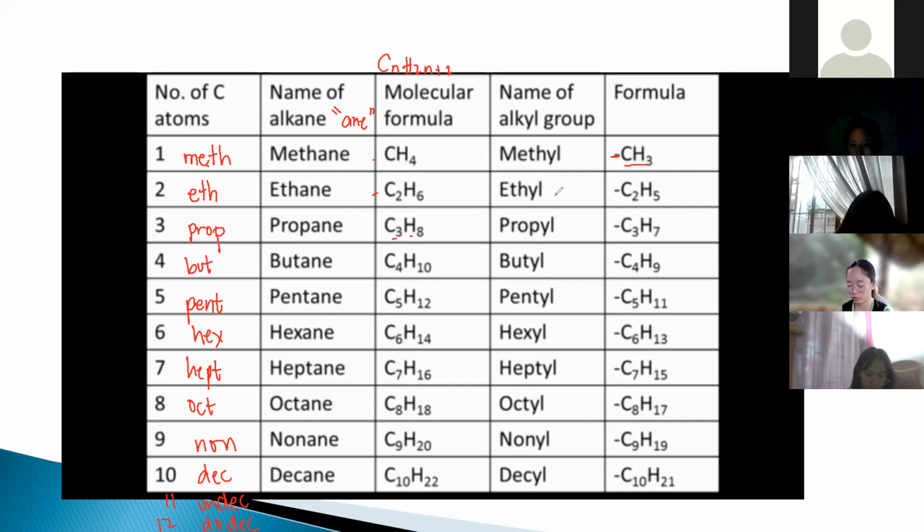Now, how about ethyl? Instead of ethane, C2H6 naging C2H5 na lang siya. Kaya ethyl na lang yung tawag sa kanya. So, di ba may naririnig kayo? Ethyl alcohol, methyl alcohol, isopropyl alcohol. Yan yung meaning niyan. It means that the compound has fewer hydrogen compared to the alkane.